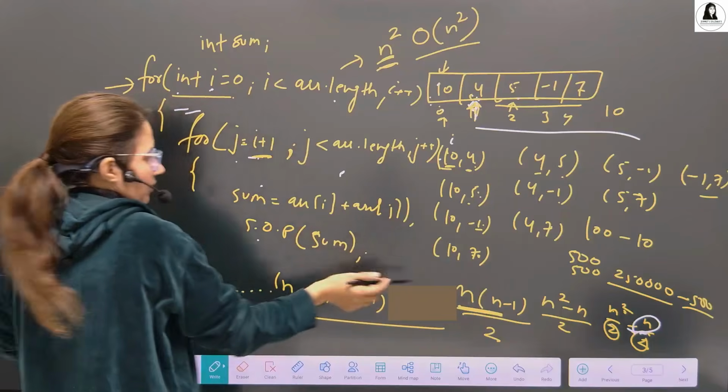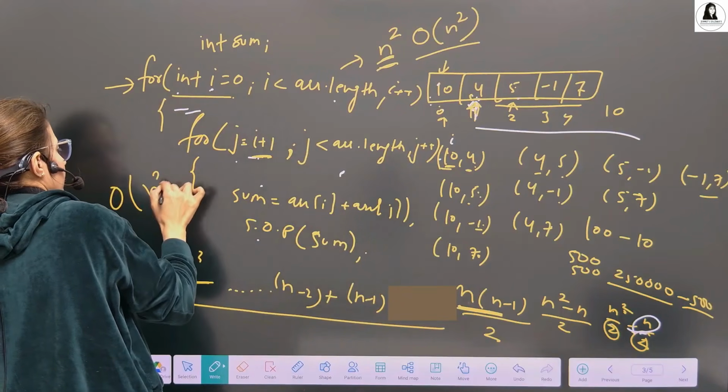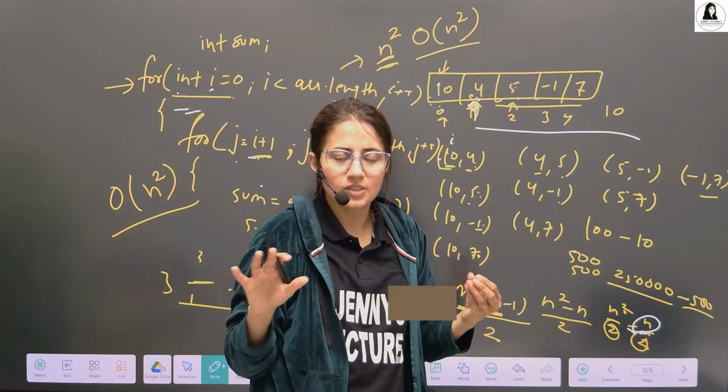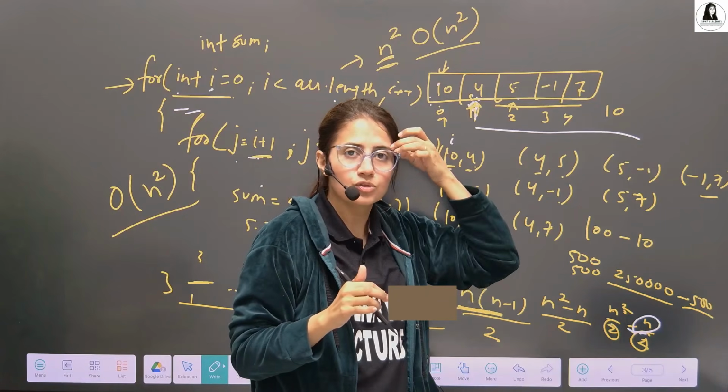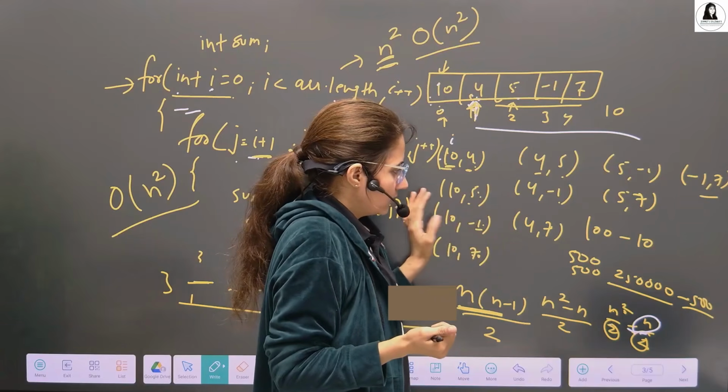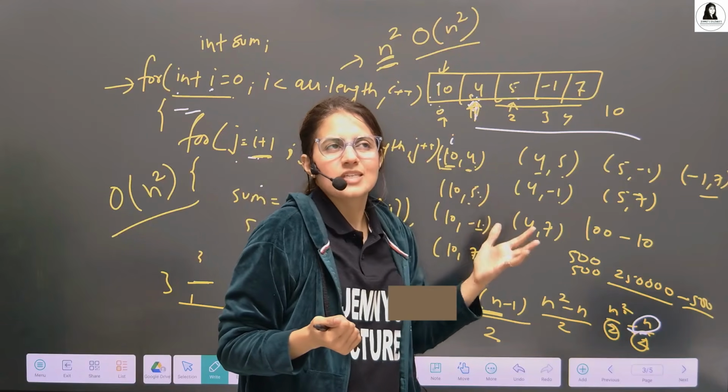So simply we can write order of n square. Ignore the less dominating term. This is one more rule. There are three or four rules you have to take care of while finding the worst case time complexity.